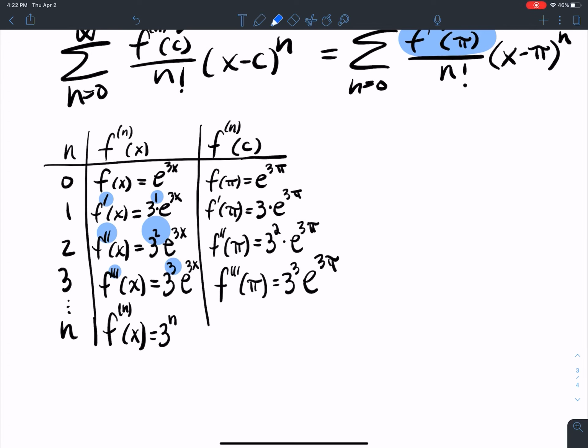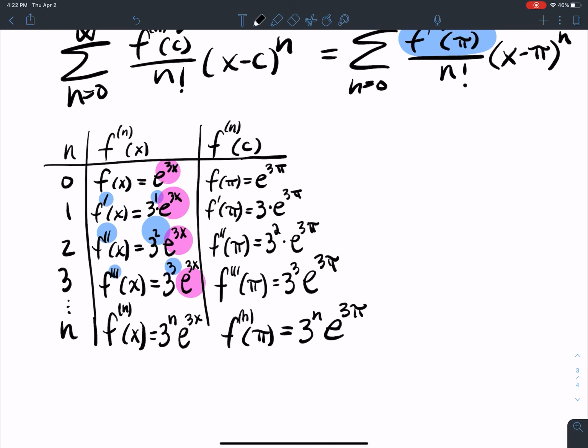And what's the same every time? e to the 3x is the same each time, so I'm just going to write e to the 3x there. If I have the nth derivative evaluated at pi, I replace x with pi, and so this is 3 to the n, e to the 3 pi.